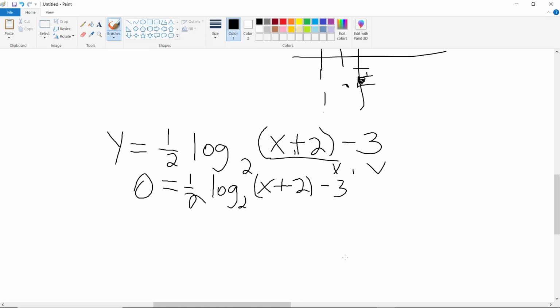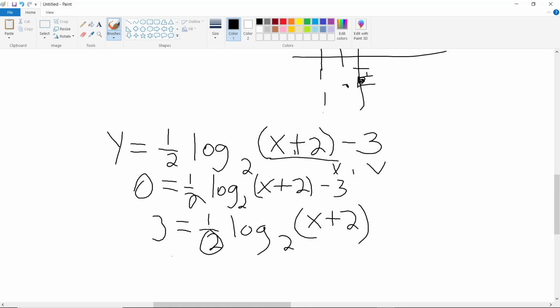I will add 3 to both sides. 3 equals 1/2 log base 2 of x plus 2. I'm going to multiply both sides by 2. 6 equals log base 2 of x plus 2.